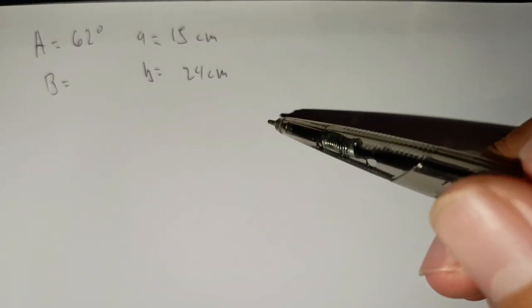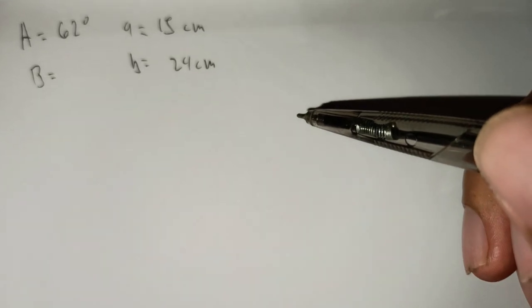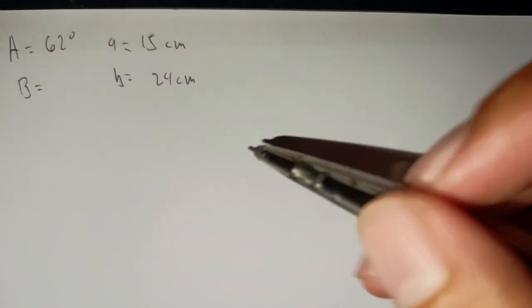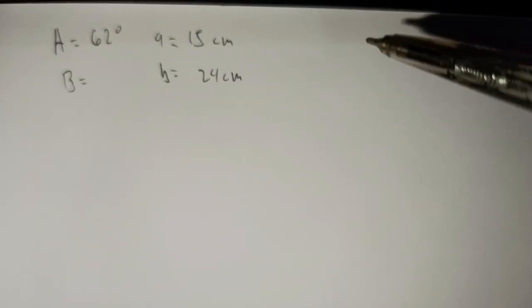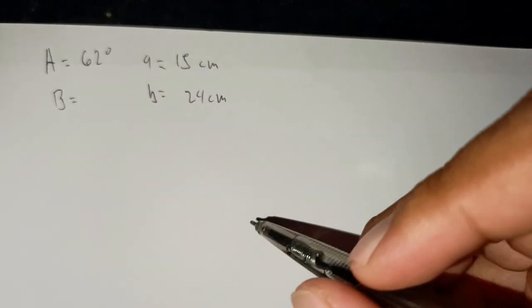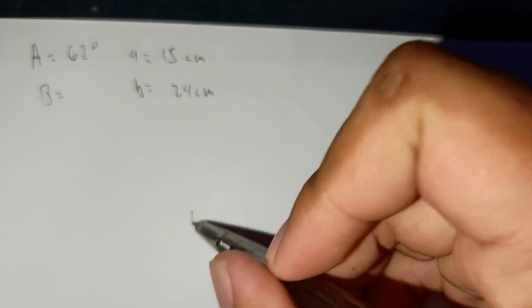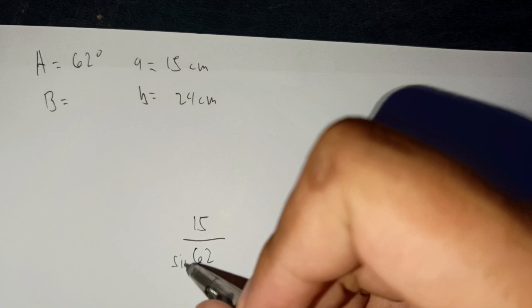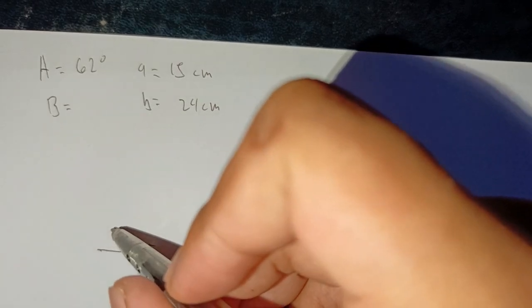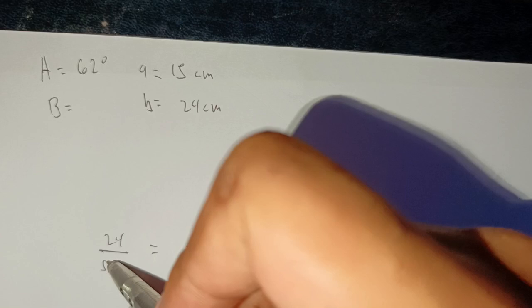We are still gonna use the same formula, the law of sines, and the process is still the same, where we have 15 over sine 62 equals 24 over sine B.